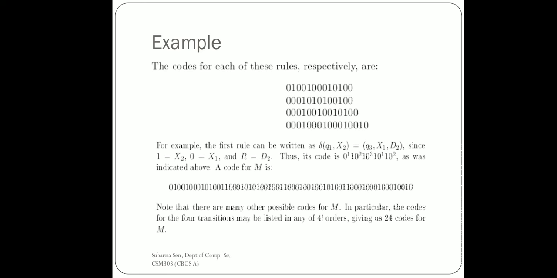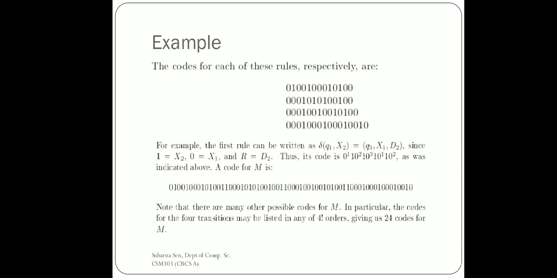How are we going to combine them? The first line here, 0 1 0 0 1 0 0 1 0 1 0 0, then 1 1, right? Then the second line, 0 0 1 0 1 0 1 0 0 1 0 0, then again 1 1, then the third line, then again 1 1, then the fourth line. If you combine the total code in this fashion, it will be somewhat like this.